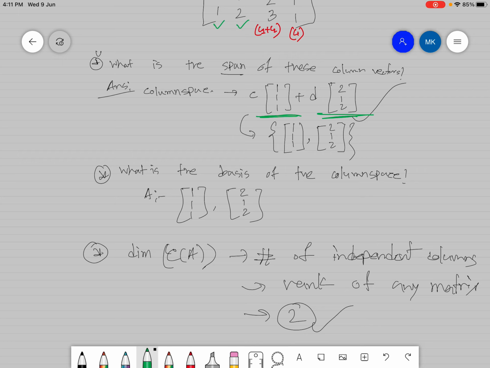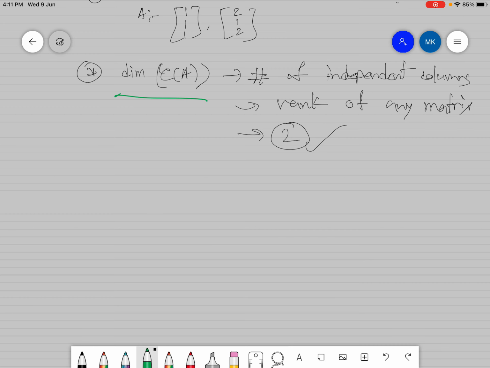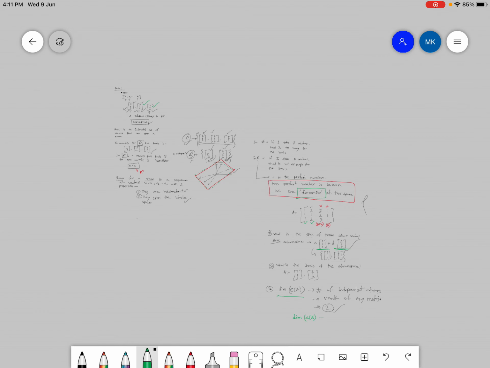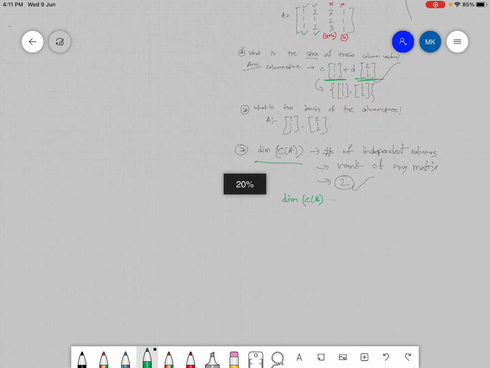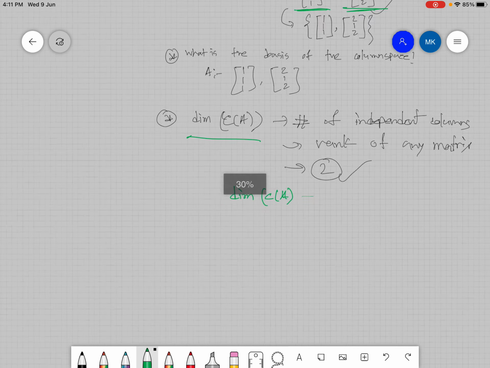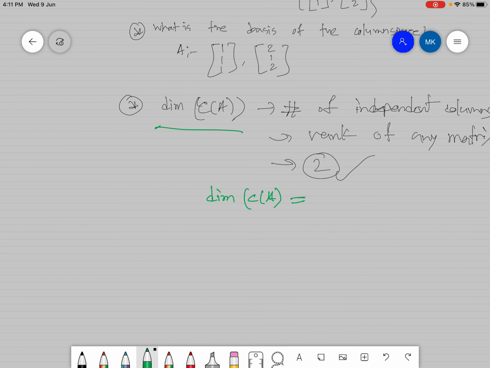So the rank is 2 and the dimension of the column space is 2 as well. Okay, so for all the cases, the dimension of any column space is basically the rank of the matrix.